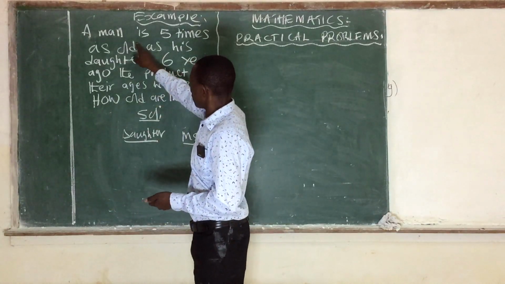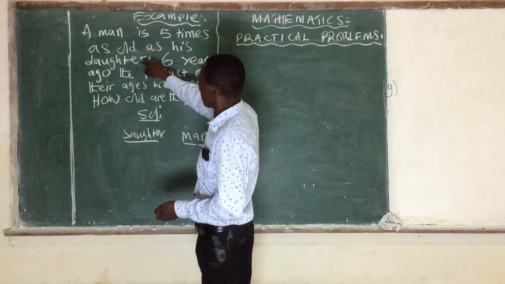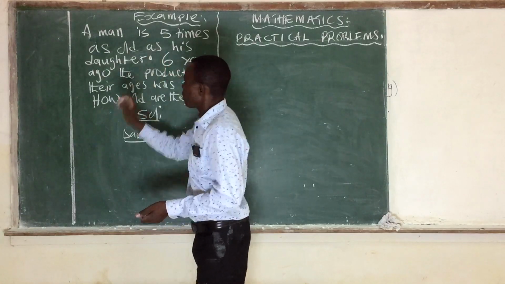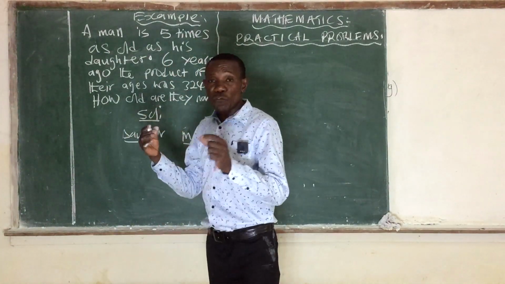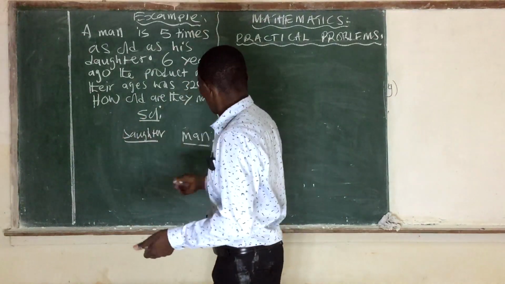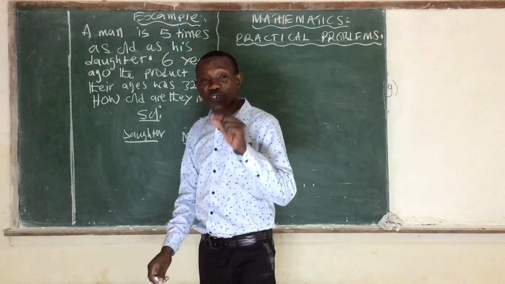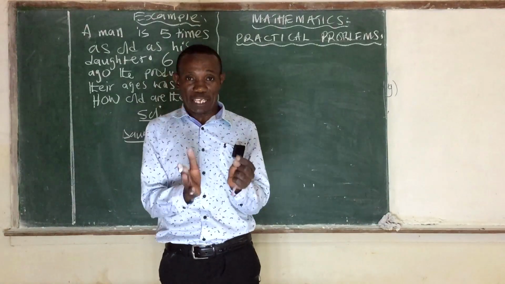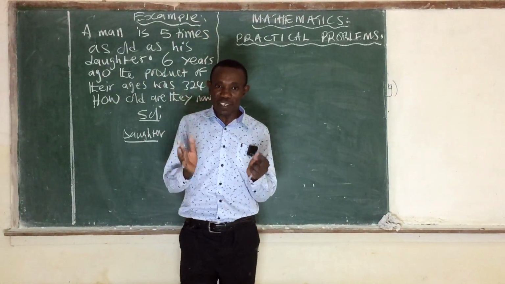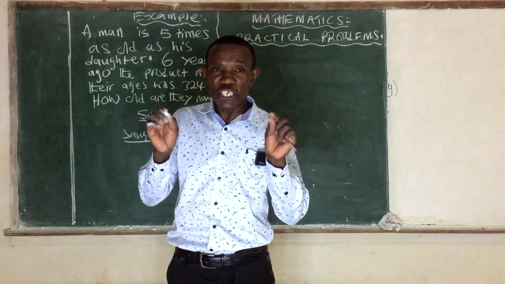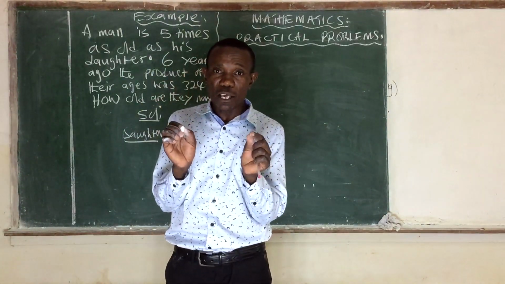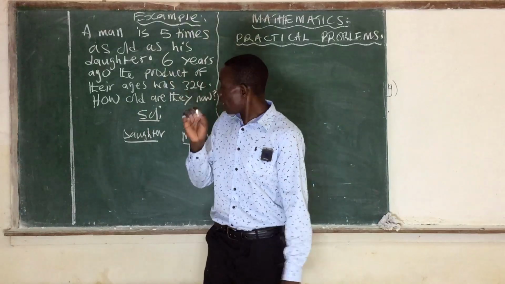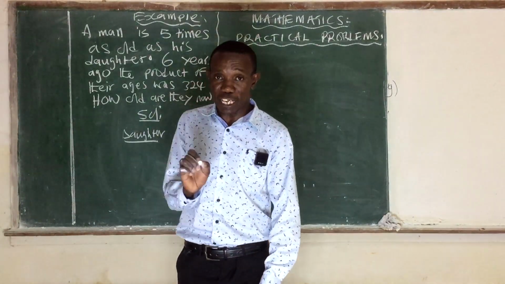So for the first statement, a man is 5 times as old as his daughter, what does this mean in mathematics? It sounds like the age of the daughter is not known, yet that unknown age is compared with the age of the man. In mathematics, if you do not know the value of a certain variable, we represent that quantity by a letter.